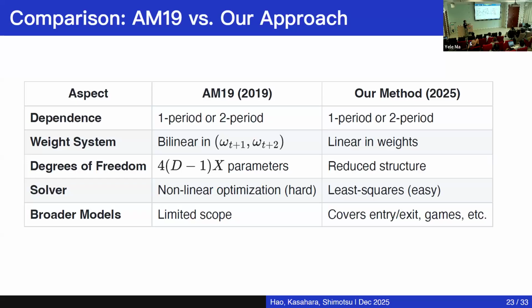As a comparison of our approach to Arcidiacono and Miller's 2019 approach, one innovation we make is that we make the weight solution sequential, so that the weight solution becomes linear and easier to characterize. But notice that this is a sufficient, not necessary, condition, because by making this sequential we certainly give away some information.